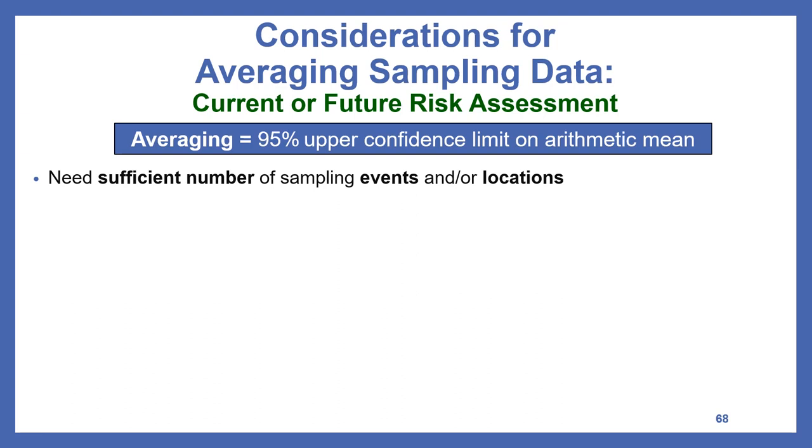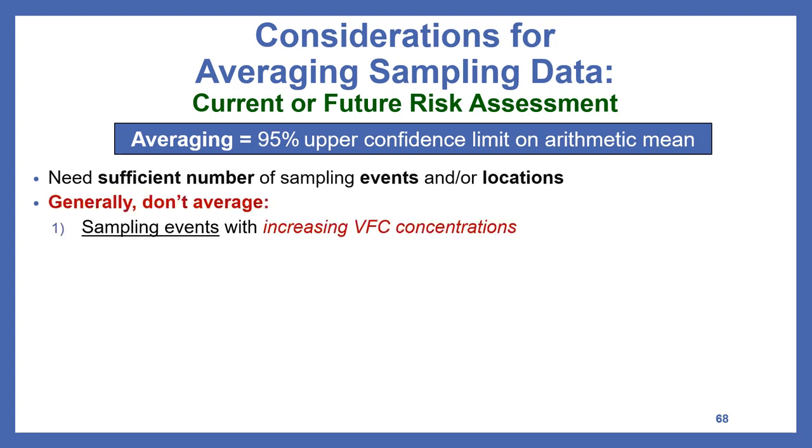I'm now going to go through some of the things that we don't recommend doing when averaging data. So first, we don't recommend averaging sampling events with increasing vapor-forming chemical concentrations. This is particularly important for thinking about future risk.